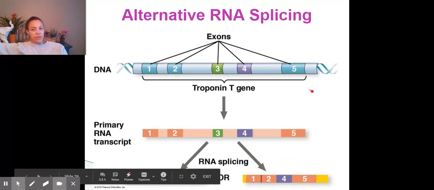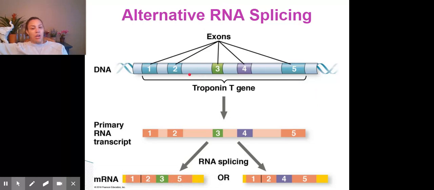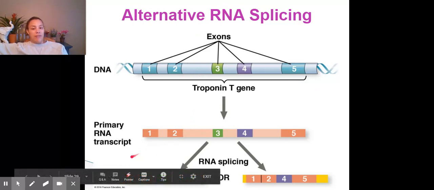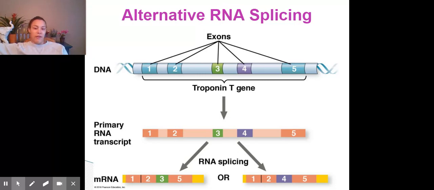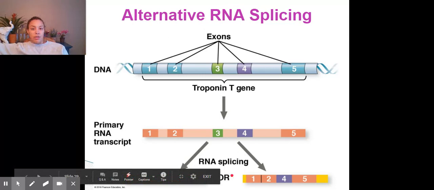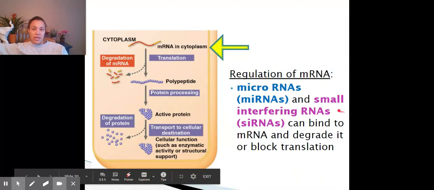Again, this is the alternative splicing that I was referencing, how introns are removed, and then we can have different sequences of messenger RNA and different orders of those exons. We can see at the bottom left how that messenger RNA transcript goes 1, 2, 3, 5, and the one on the right goes 1, 2, 4, 5. It all depends on how that gets activated.